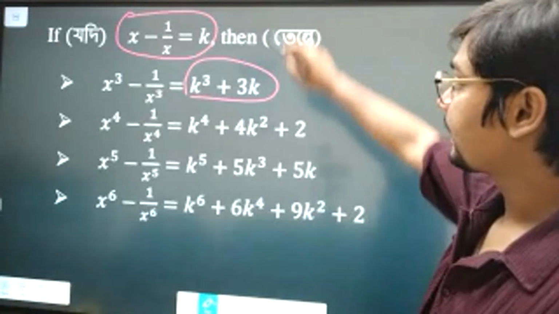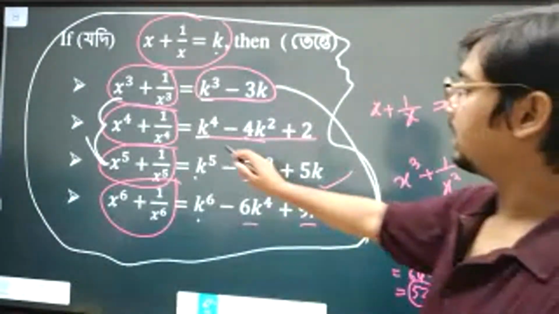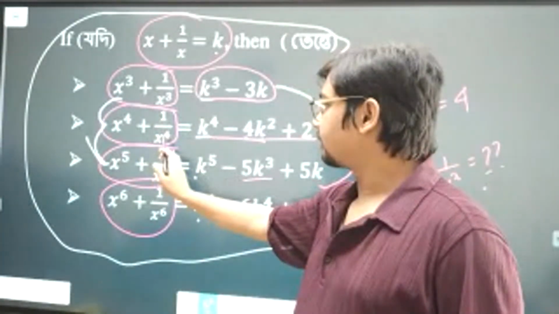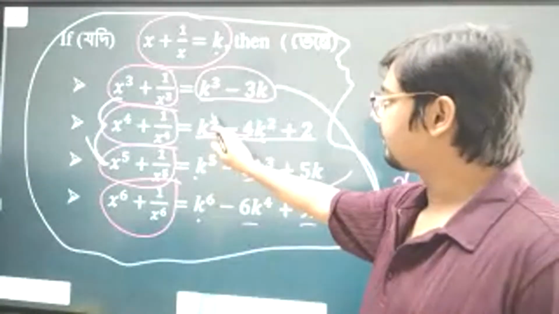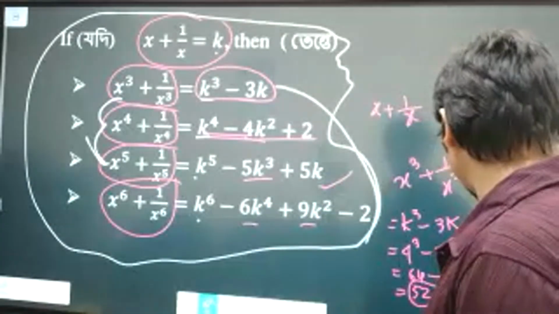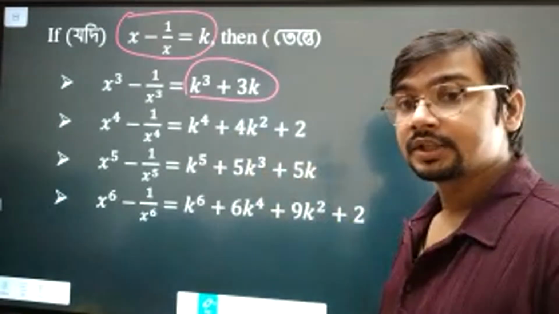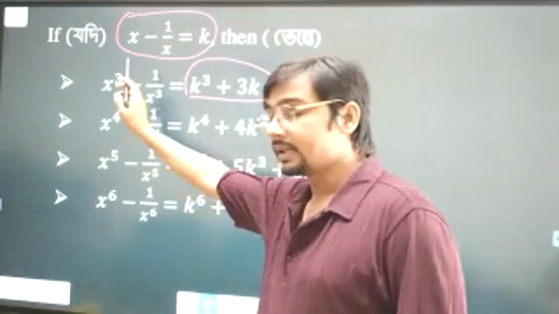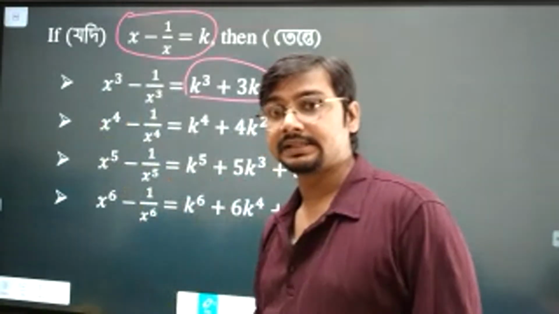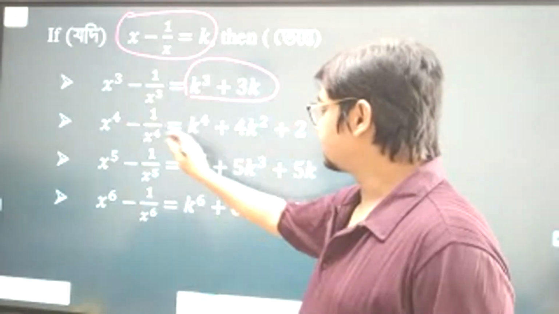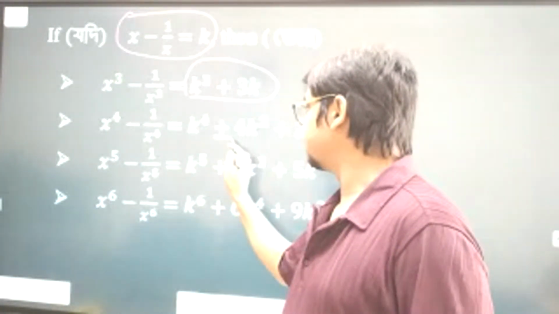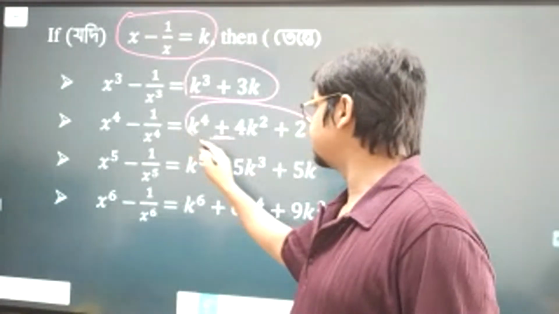Yeah, okay. And again here you see x power 4 plus 1 upon x power 4 is this one. Here this k power 4 minus 4k square plus twice k. Here you see plus 4k square plus twice k. So in case of power 4 and in case of power 3, similar thing is here. But here in case of plus, there is a minus. But in case of minus, there is a plus.